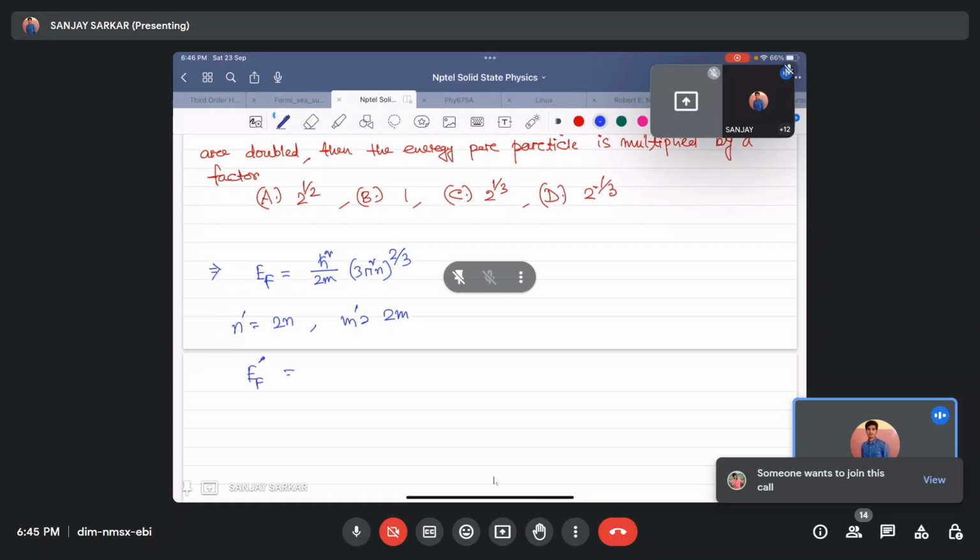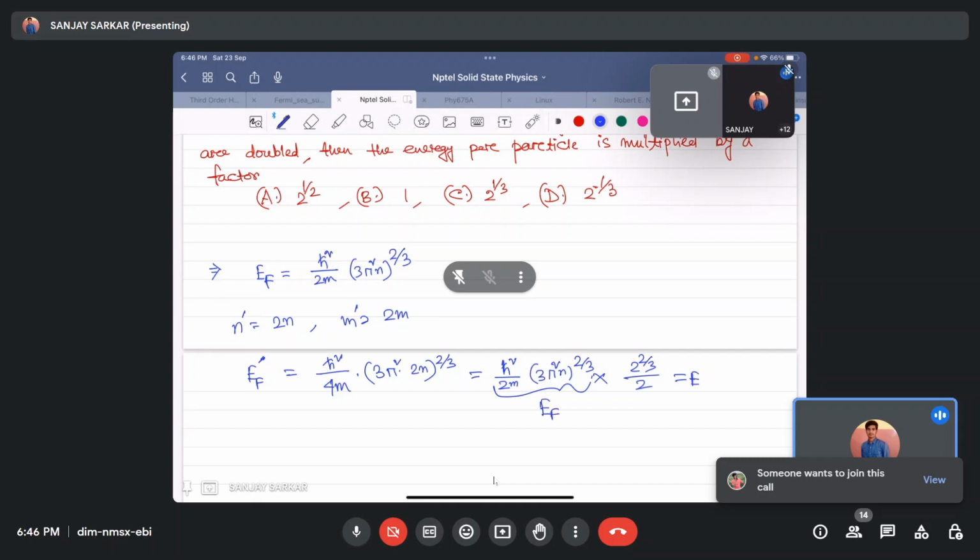The new Fermi energy will be h bar square by 4m into 3 pi square into 2n to the power 2 by 3. That will be equal to h bar square by 2m into 3 pi square n to the power 2 by 3, and we can keep 2 to the power 2 by 3 by 2 out, and this part is actually EF.